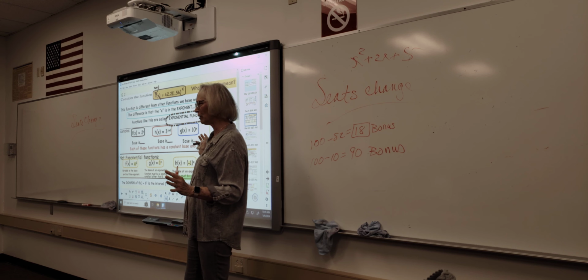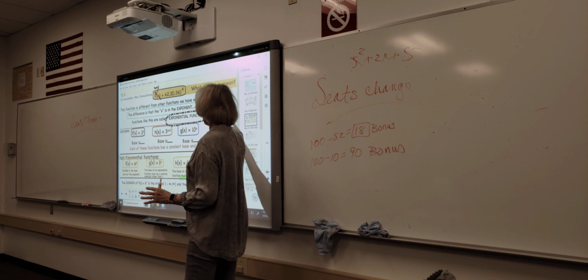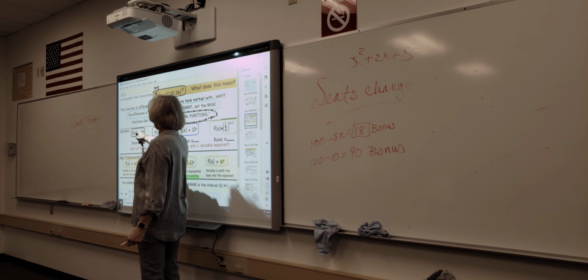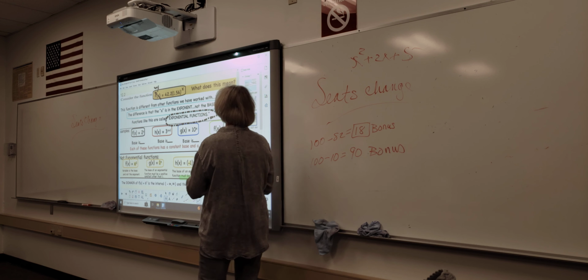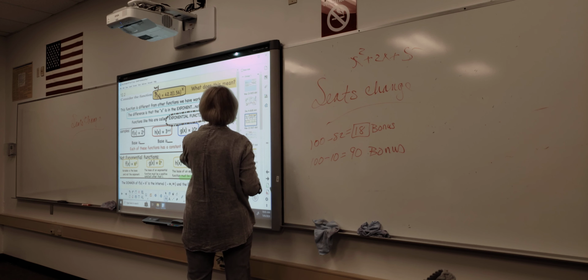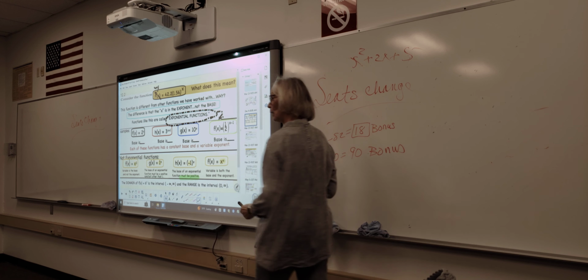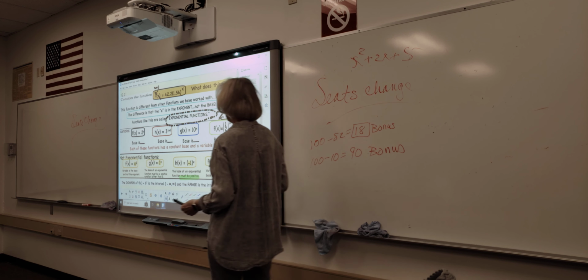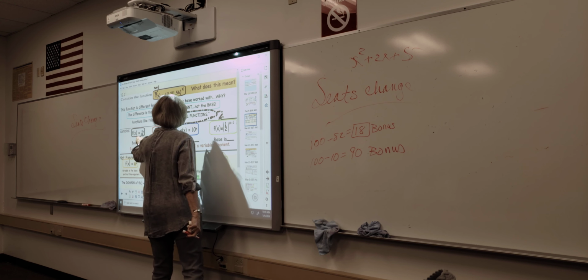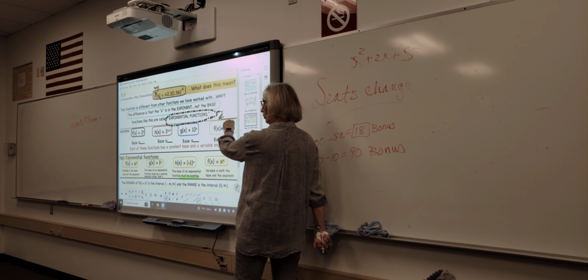When the heck do you ever use that? Every day. All right. So what I've given you is some examples of what an exponential function looks like. All of these in the black, red, blue, and green boxes are called exponential functions. They can be very simple to very complex. Look at that. Ooh.